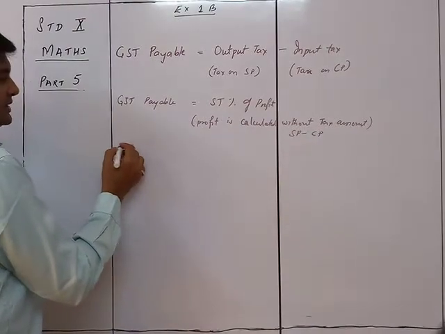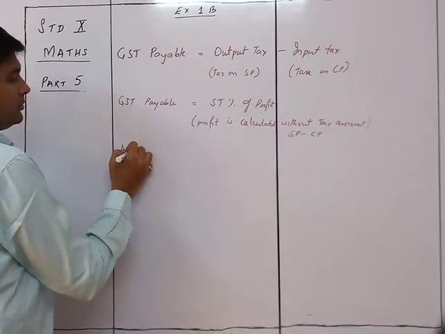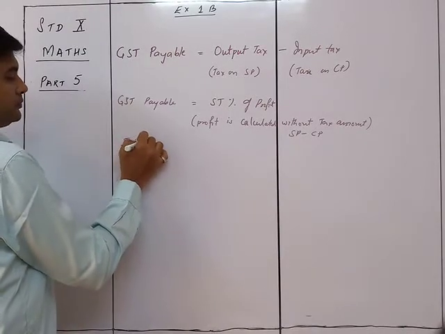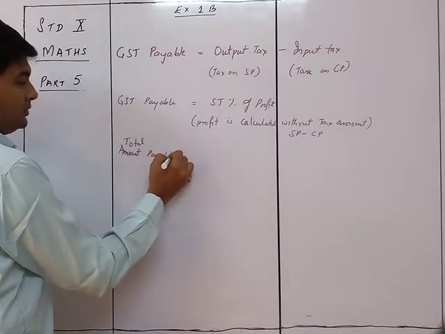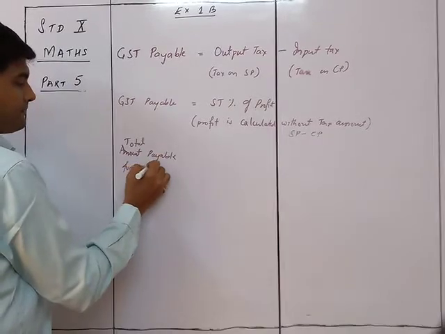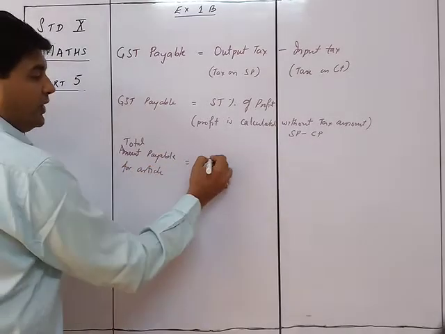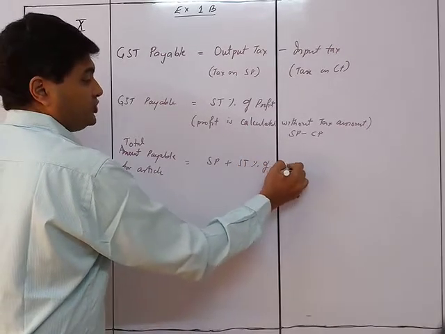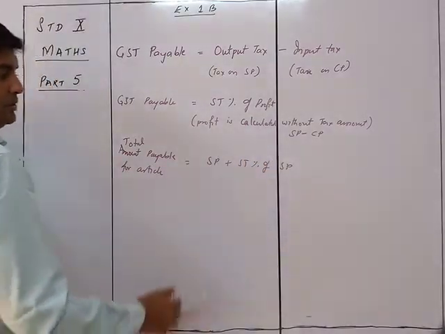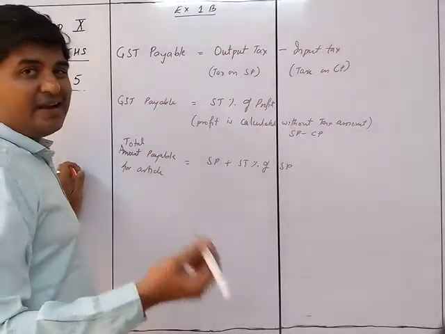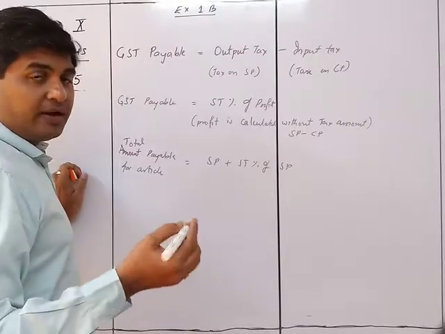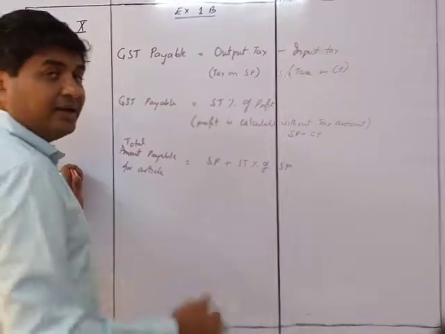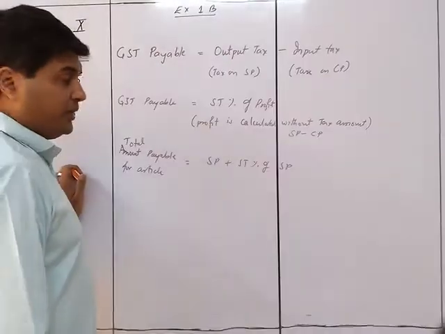The third thing is the total amount payable for an article, which is equal to SP plus ST% of SP. So whenever anybody asks what is the amount paid for this article, it will always be SP plus ST% of SP.